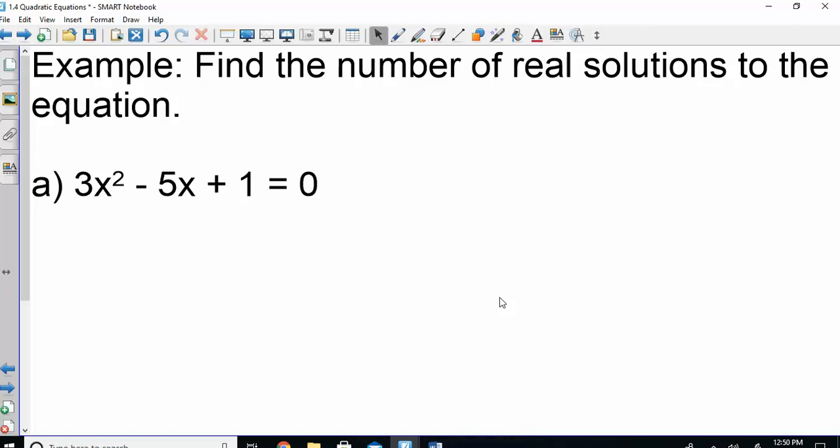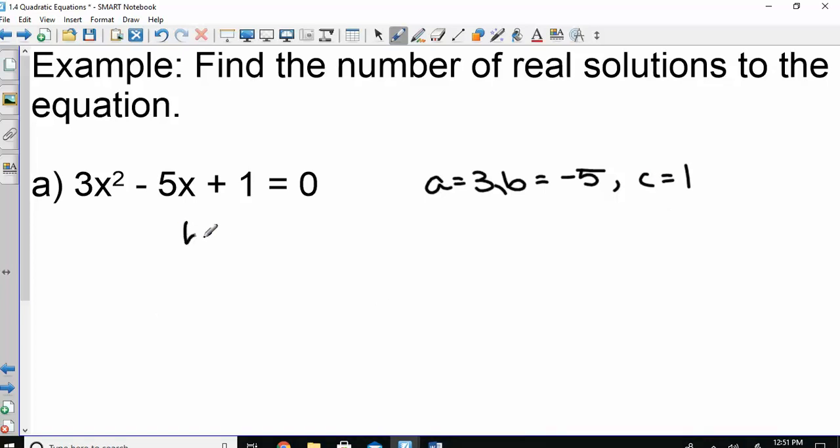So if I don't actually care what the answers are, I just want to know how many real answers we are going to get, what are my answers going to look like? We do have to make sure it is equal to 0, which this one is. What is my A value? And B? And C?